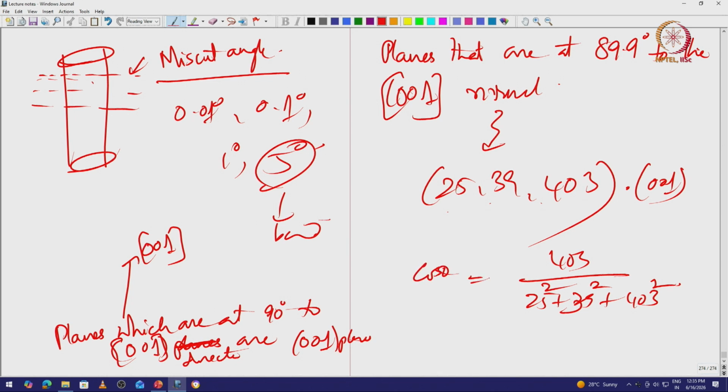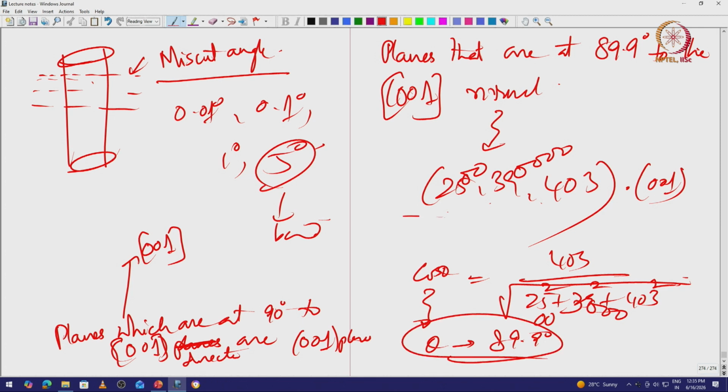Or I can make these numbers arbitrarily larger, 2500, 39,000 or something like that. I am trying to make the value of cos theta as close as possible to 0, so that theta becomes as close as possible to 90, but it is 89.9 degrees. That is the idea, but these planes are going to have high Miller indices.